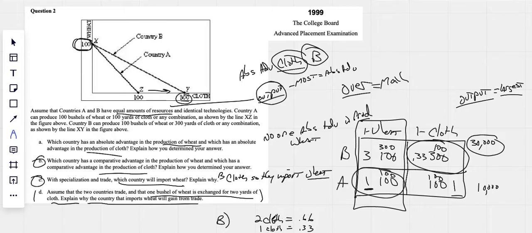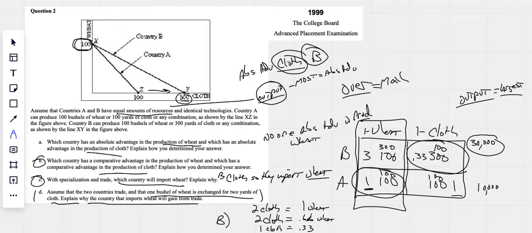But think about that. If they could get more for 2 cloth than 0.66, B would be perfectly happy trading. Well, not happy, they wouldn't trade at all, but they could exchange 0.66 wheat for 2 cloth, and they wouldn't lose or gain. But if they could get one whole wheat for 2 cloth, they'd definitely be better off than 0.66.